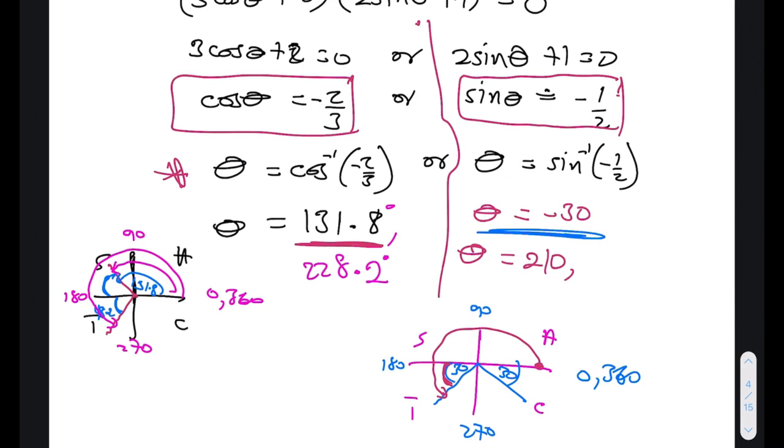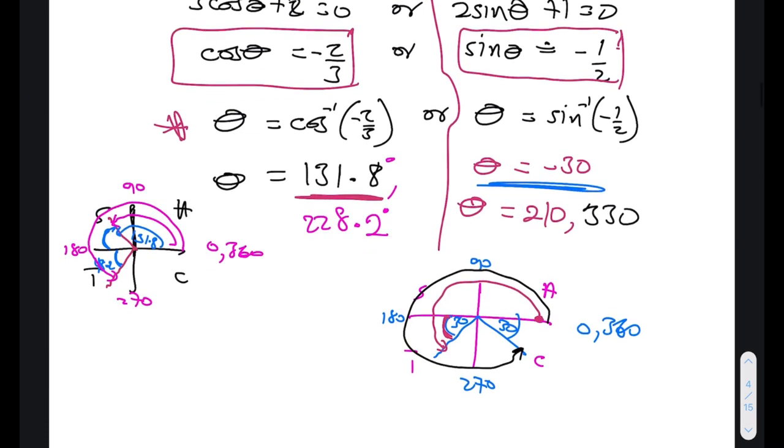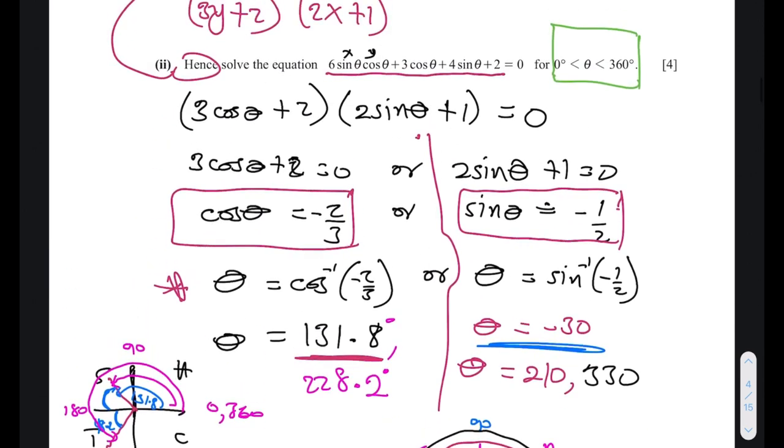And then if we continue, we move all this way and we hit another one here. That is almost to the 360, so 30 degrees less. That means that we are looking at 330, right? Good. So these are the 2 angles that we have. Therefore, if we're concluding, remember that we can't work with a negative angle, so this negative angle here is not part of our answer.